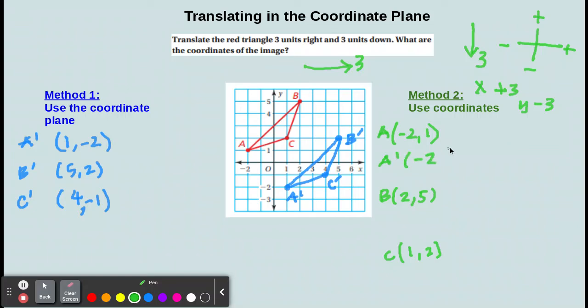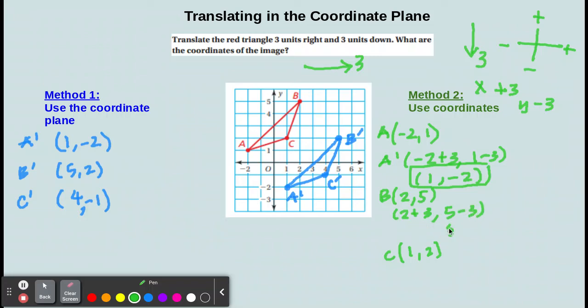So our new coordinates will be, our original is -2, and we're going to add 3. And our original is 1, and we're going to take away 3. So our new ones are 1, comma, -2. And then for B, we do the same thing. We take our original x and we're going to add 3. Take our original y and subtract 3.